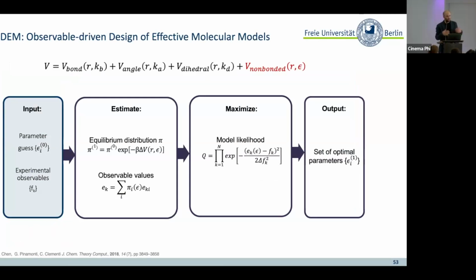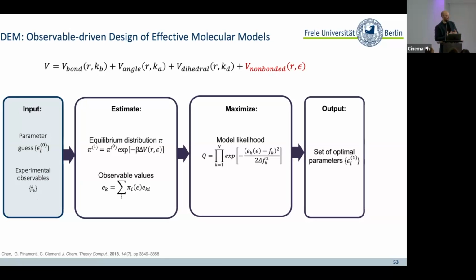So let's assume we have an initial function that describes our coarse-grained potential that will depend on a set of parameters, right? And we select some observables we want to optimize our coarse-grained potential for. So we have our set of observables F, and we initialize our model with an initial guess for the parameters.